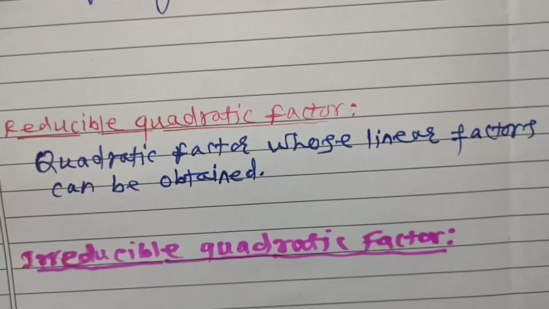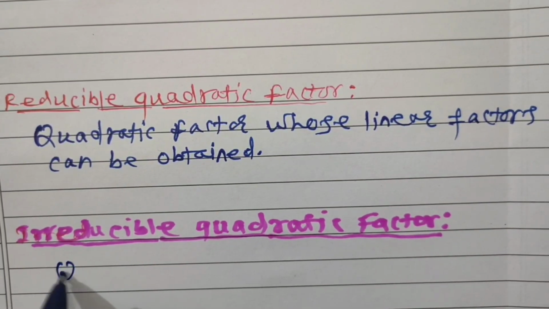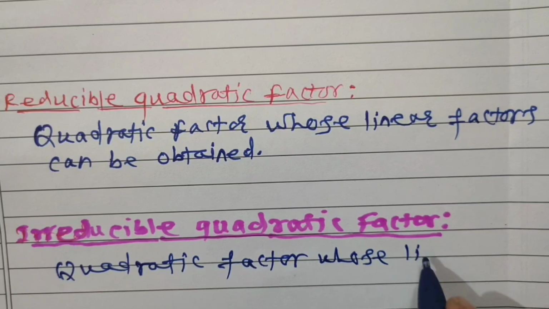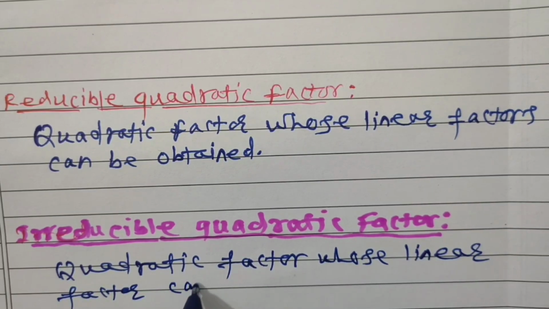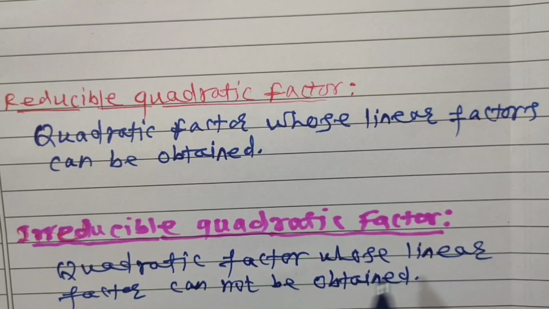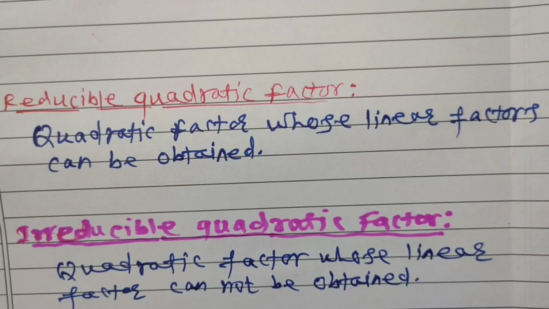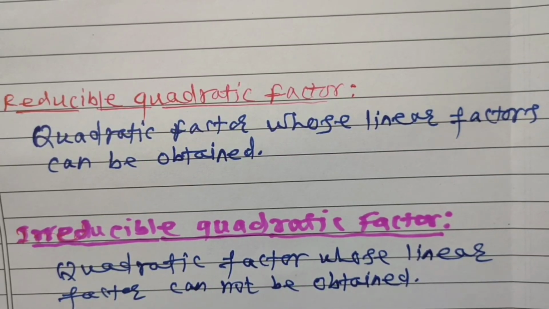Let us know about irreducible quadratic factor. Quadratic factor whose linear factors cannot be obtained. Meaning of this is what? A quadratic factor which is not reducible to linear factors is known as irreducible quadratic factor.